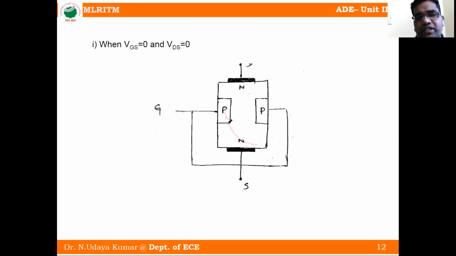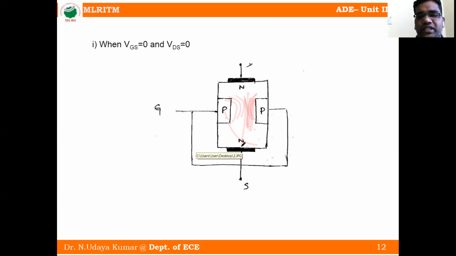Whenever reverse bias, the depletion increases, so the channel width decreases. At some moment both P type materials contact each other. That condition we call the pinch off voltage, or cut off voltage.